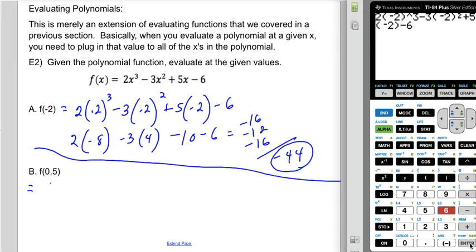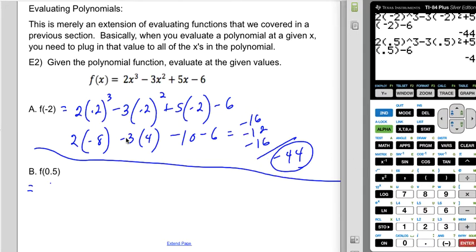That'd be absolutely fine. And hopefully we get a negative 44. And then if you want to hit second enter, you can put in a 0.5. Again, you can do it by hand. Sometimes it's going to be useful to do stuff by hand. Sometimes it's not. I can just put in a 0.5 everywhere I saw a negative 2. Right, and hit enter, and I get negative 4.